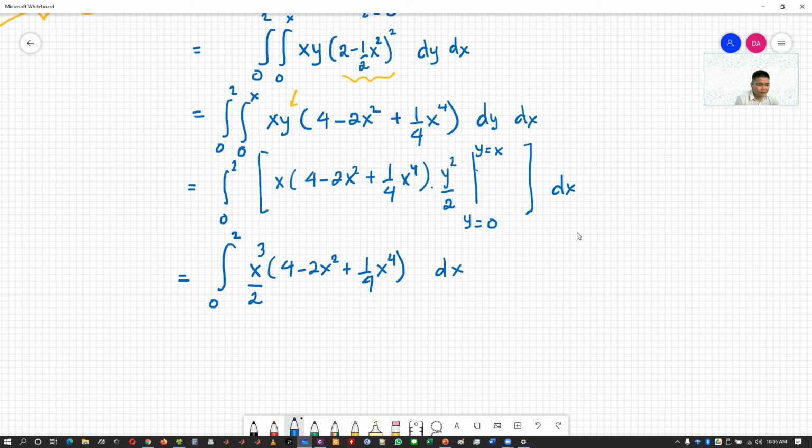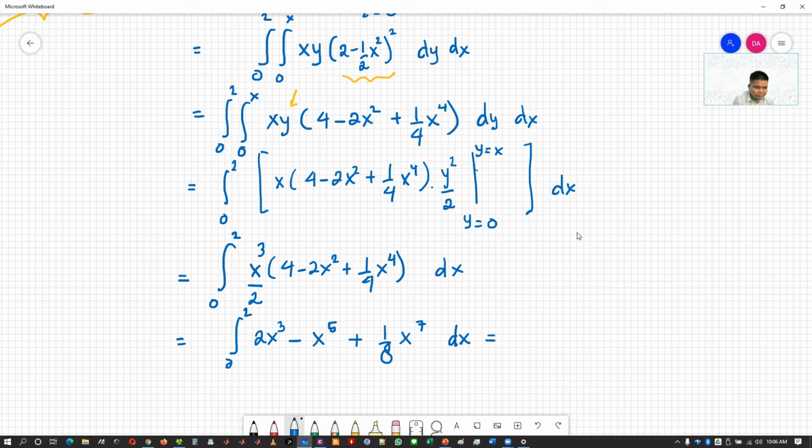Okay, I will break it down here. We have 2x to the power of 3 minus, the 2 vanishes, x to the power of 5, sorry, 2x to the power of 5, yes, and then plus 1 over 8 x to the power of 7. Yeah, that's correct, from 0 until 2 dx.